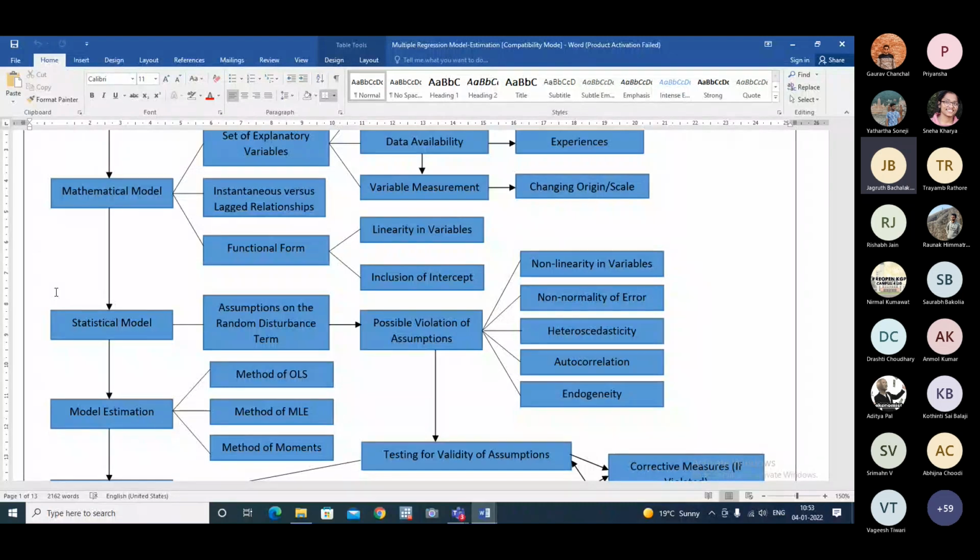When we add the random disturbance term to the mathematical model, it is converted into a statistical model, because we make some assumptions about the statistical distribution of u. What do we assume? Again, we'll be discussing that in detail. But many of you might know, we assume that this random disturbance term is normally distributed with zero mean and constant variance.